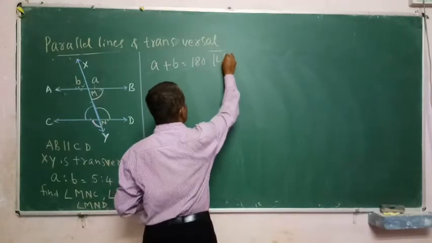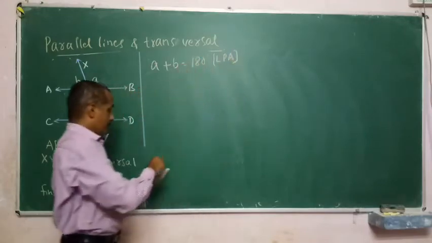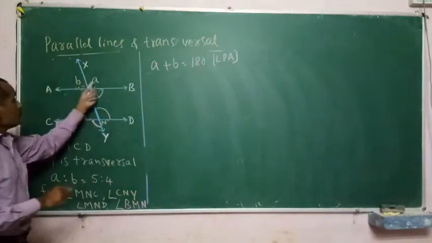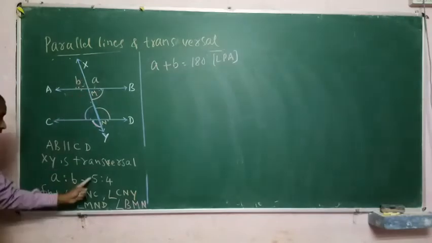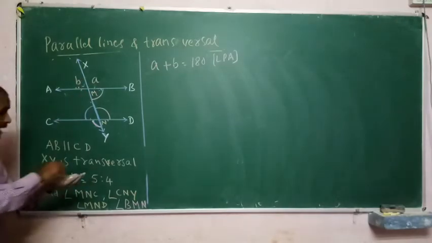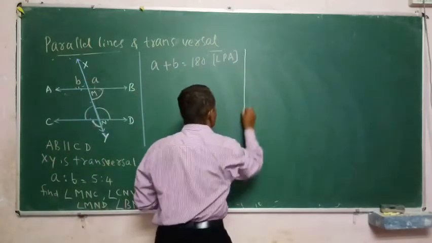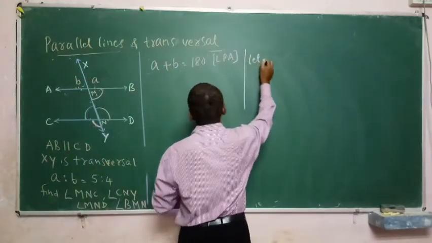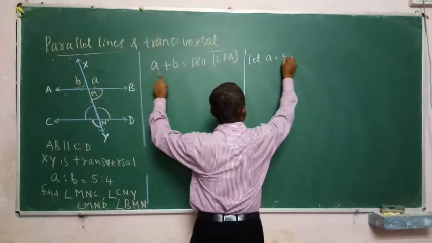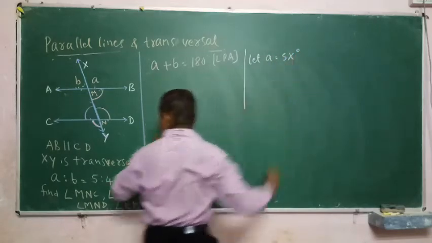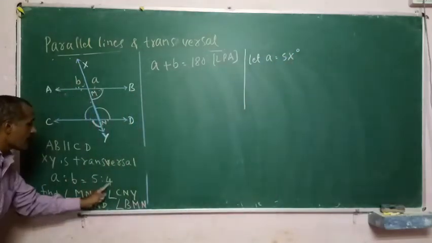This is because of the linear pair axiom. But we don't know what these angles are. But the ratio is known. I will write here. Let A be equal to 5x degrees. See, A is to B is equal to 5 is to 4.